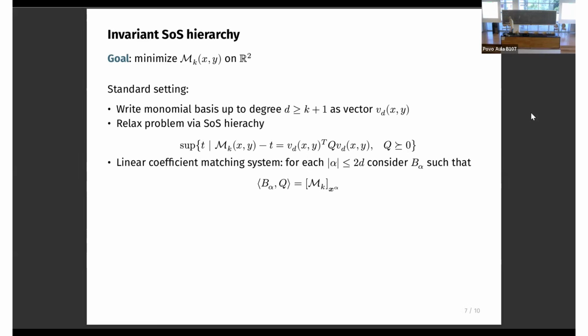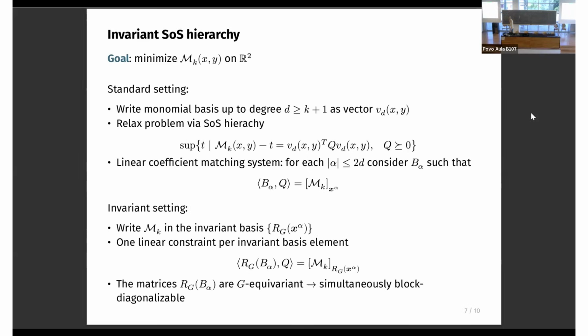And this is the usual SOS hierarchy setting. And in the invariant setting, you just want to sort of change basis first. So instead of taking the whole monomial basis, you are allowed to restrict to the basis of the invariant ring, which you just get by projecting all the monomials, for instance, which is an inefficient way of doing that, of course.